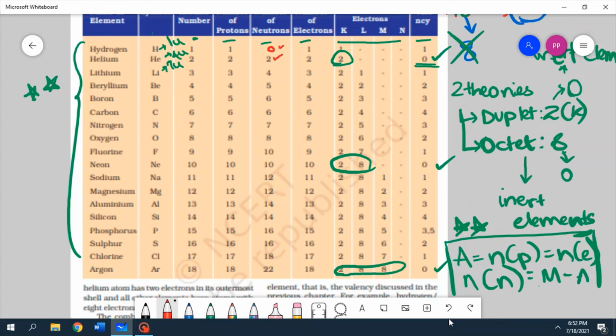That's the number of neutrons. For lithium, the mass number is 7 and the atomic number is 3, 7 minus 3 is 4. Similarly, beryllium has 9u, boron has 11u, carbon has 12u, nitrogen has 14u, oxygen has 16u, fluorine has 19u, neon has 20u.